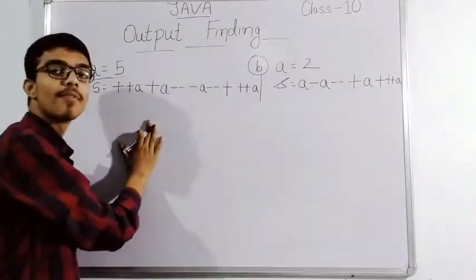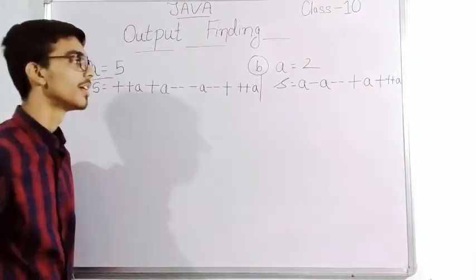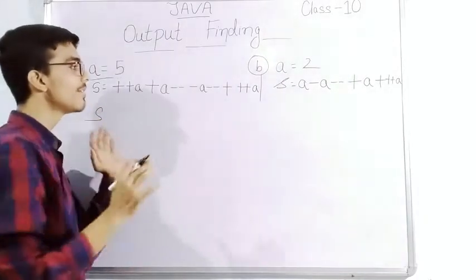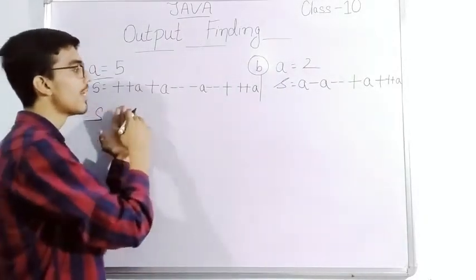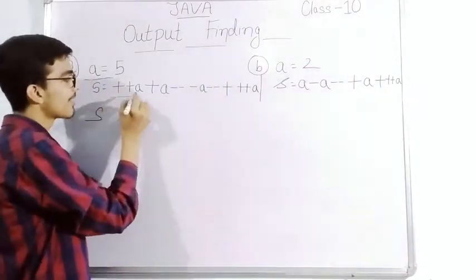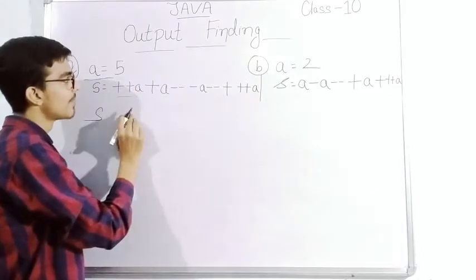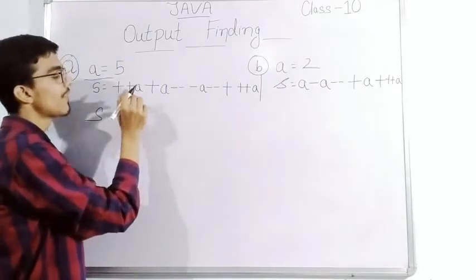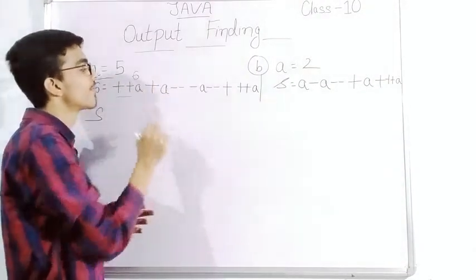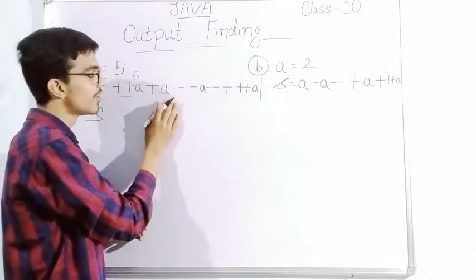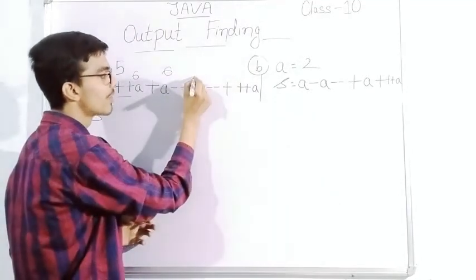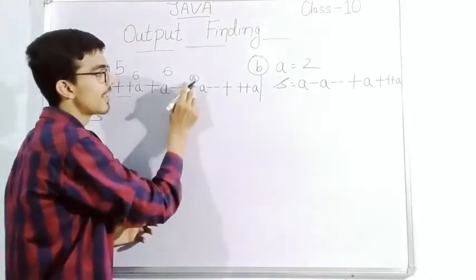So here we have the value a is equal to 5. The easy way I have told is that we put the value above and see how it works. So plus plus a means 5 plus plus, the value of 5 will increase by 1 and will print here 6. 6 will go for this also and will print here 6, and minus minus, the value of 6 will decrease and it will become 5.